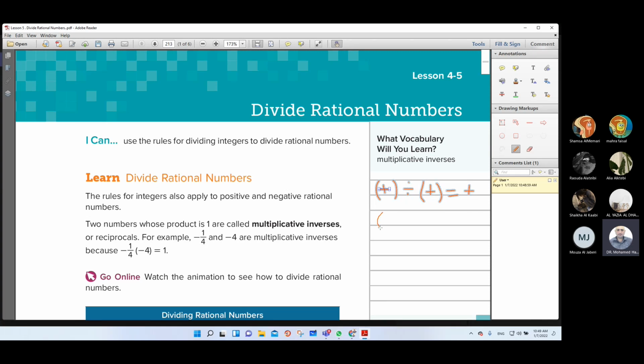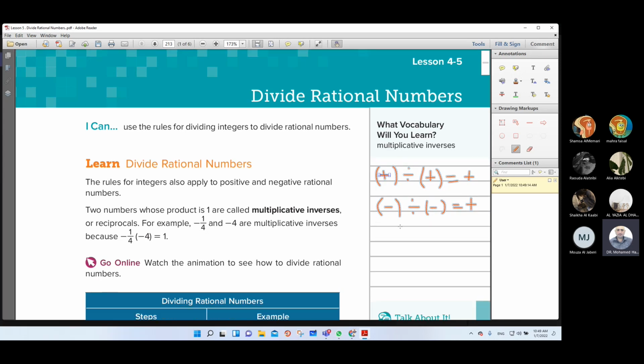And when you have negative divided by negative, you will also get positive. So the rule says when you divide two integers that have the same sign, you will get positive.